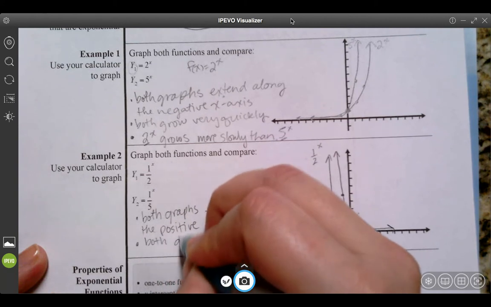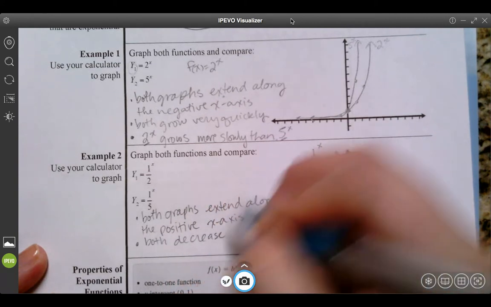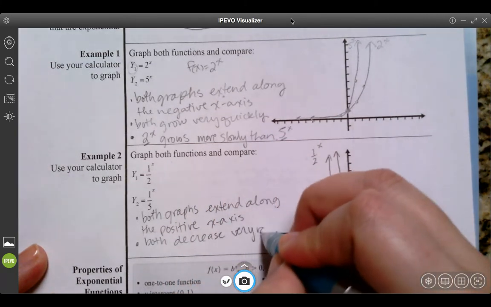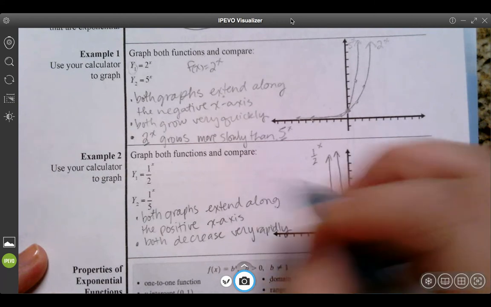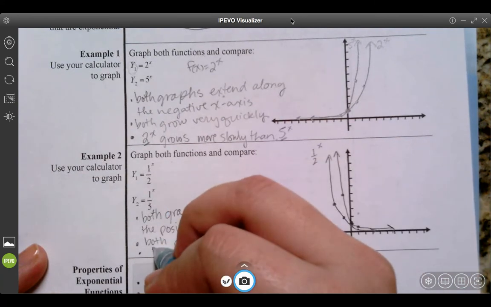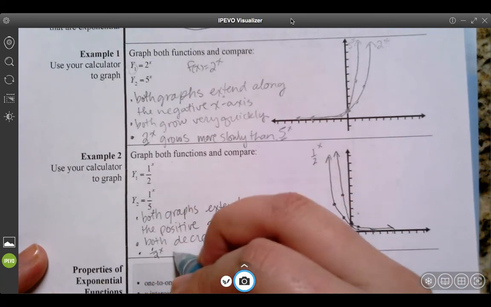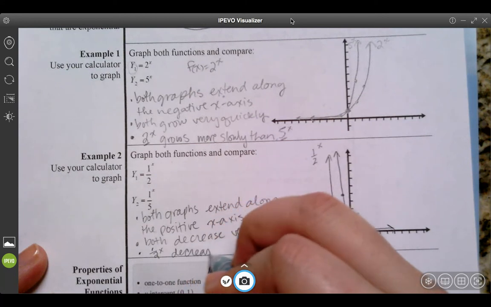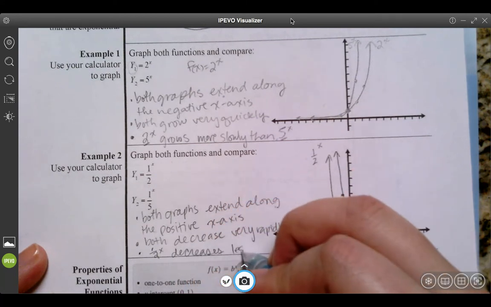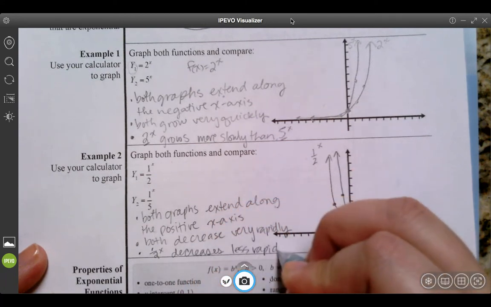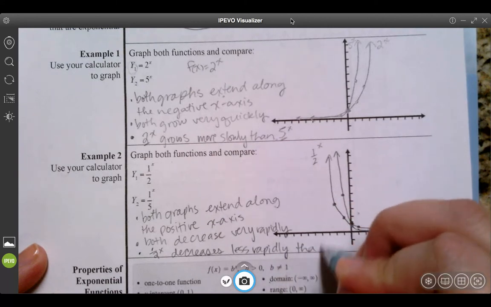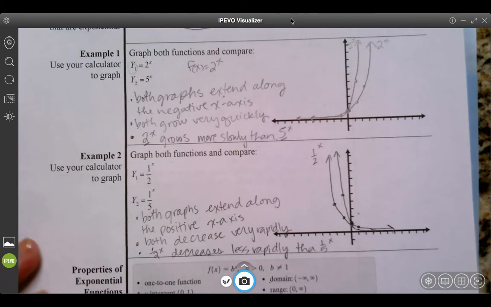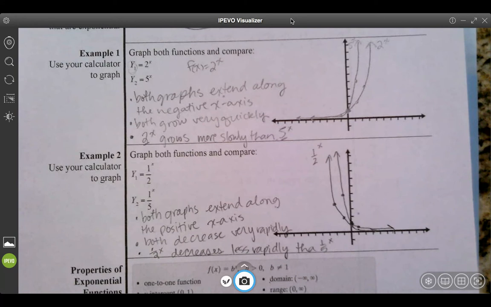Both decrease very rapidly. And we can say 1/2 to the x decreases less rapidly than 1/5 to the x. 1/5 to the x slows down faster than 1/2 to the x.